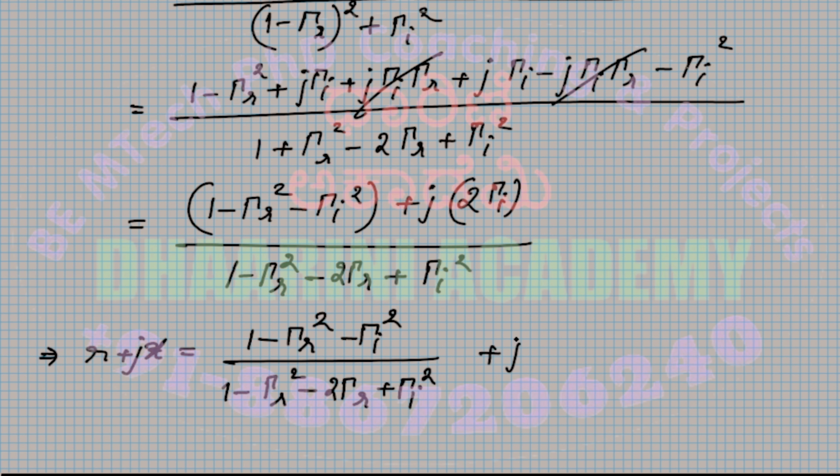Then plus j times 2 times gamma I divided by the same denominator, 1 minus gamma r square minus 2 times gamma r plus gamma I square. Okay, so it's very clear now, right?